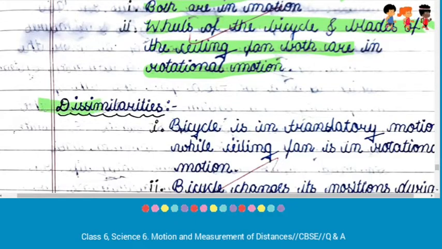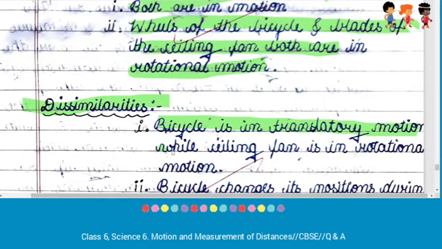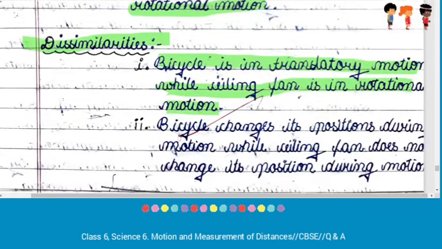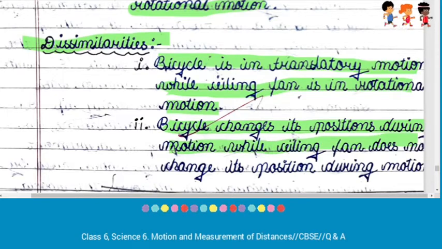And dissimilarities are bicycle is in translatory motion while ceiling fan is in rotational motion. Bicycle changes its position during motion while ceiling fan does not change its position during motion.